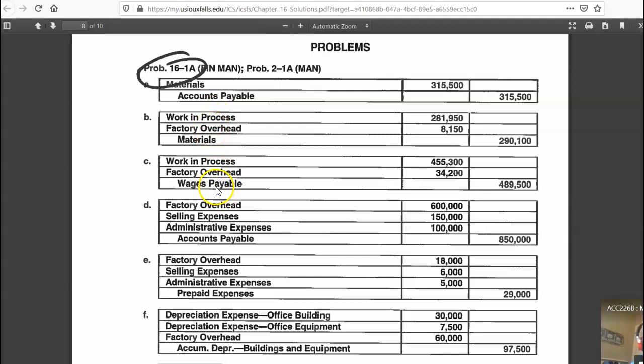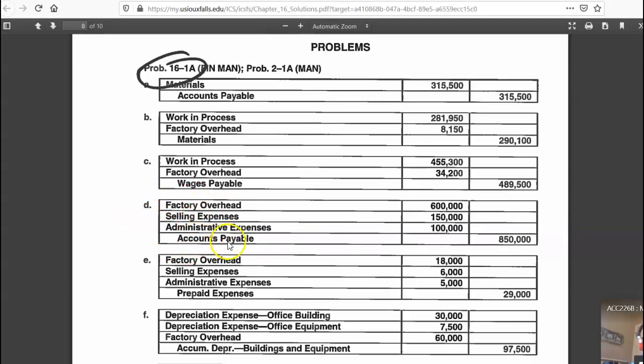We incurred some wages. Some are direct, some are indirect. Then they paid for some costs, or they charged it for that matter. Some of it's administrative, some of it's selling, but they have identified some of it as being overhead. So tell me, applied or actual?